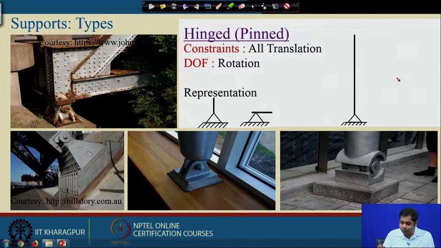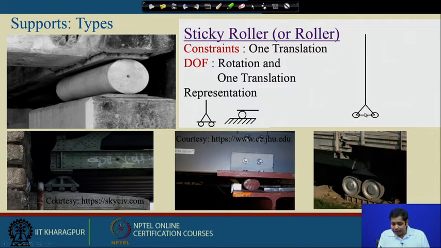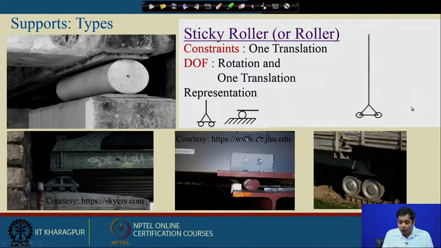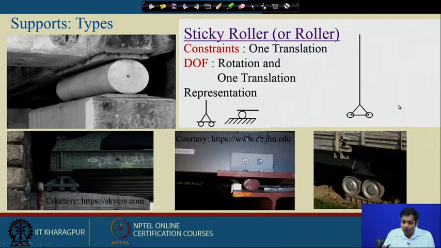Now, next, another support is the roller support. As you can see here, the motion in this direction is constrained, but the movement in this direction is allowed. So, the degrees of freedom are rotation and 1 translation. This can rotate about this and this can translate along this.